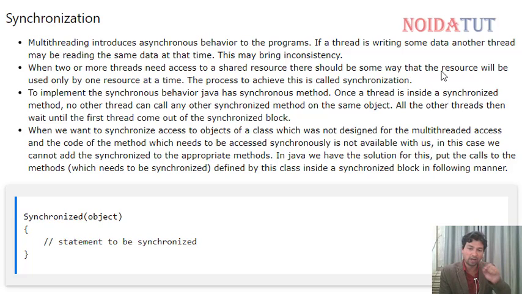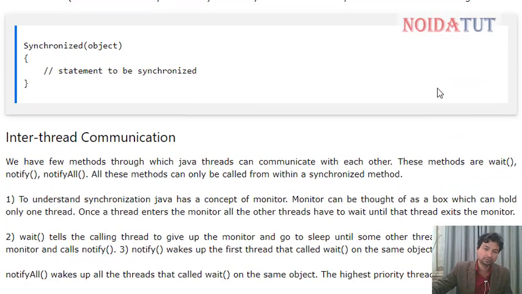In Java, we have a solution for this. Put the calls to the methods which need to be synchronized, defined by this class, inside a synchronized block in the following manner: synchronized(object) { statements to be synchronized }.